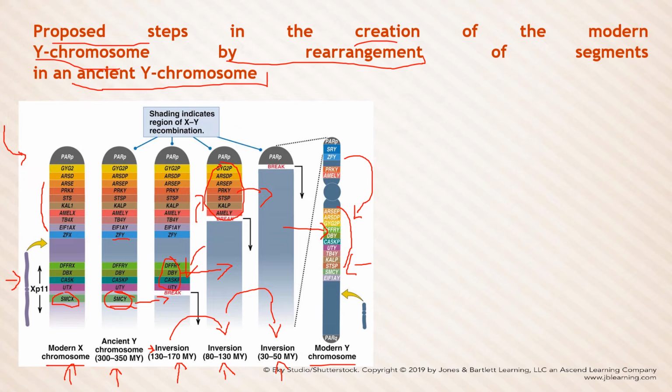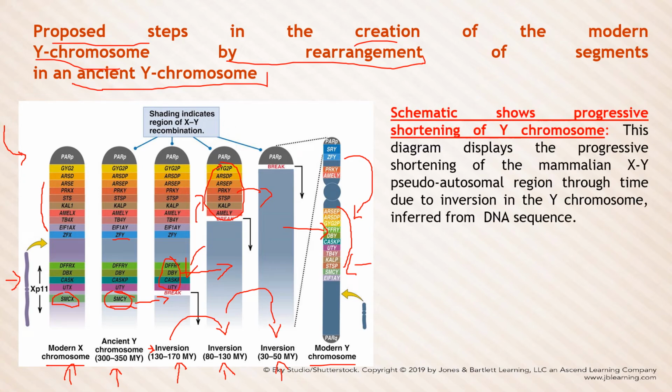So now we have clear evidence that the chromosomes have been rearranged and the Y chromosome has been shortened. I talk a lot, but remember, this schematic in your textbook shows a progressive shortening of the Y chromosome, and that is very important.